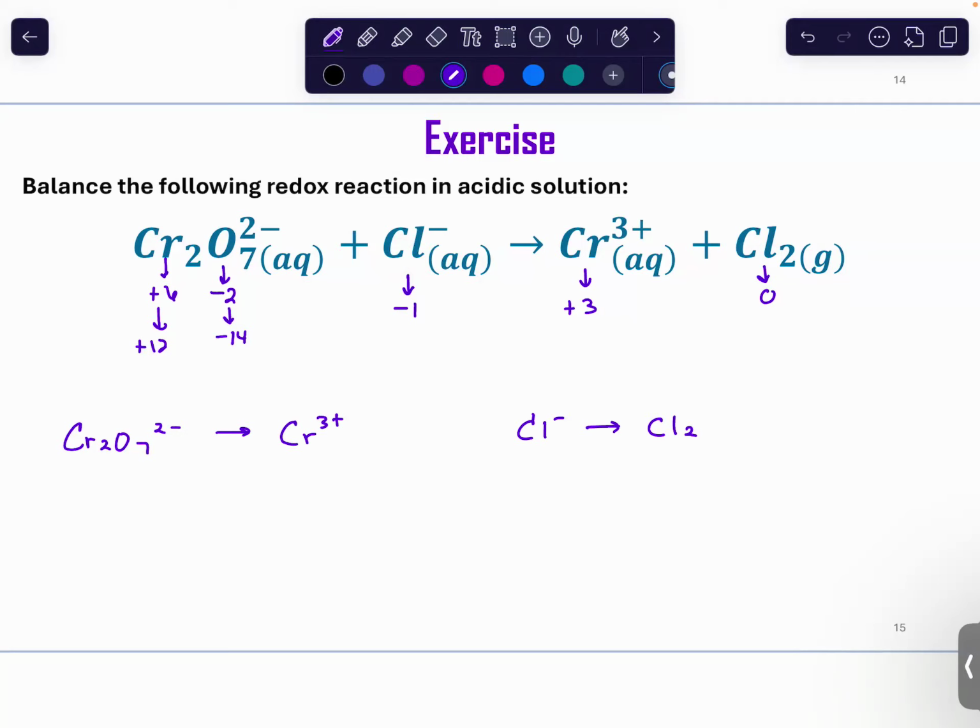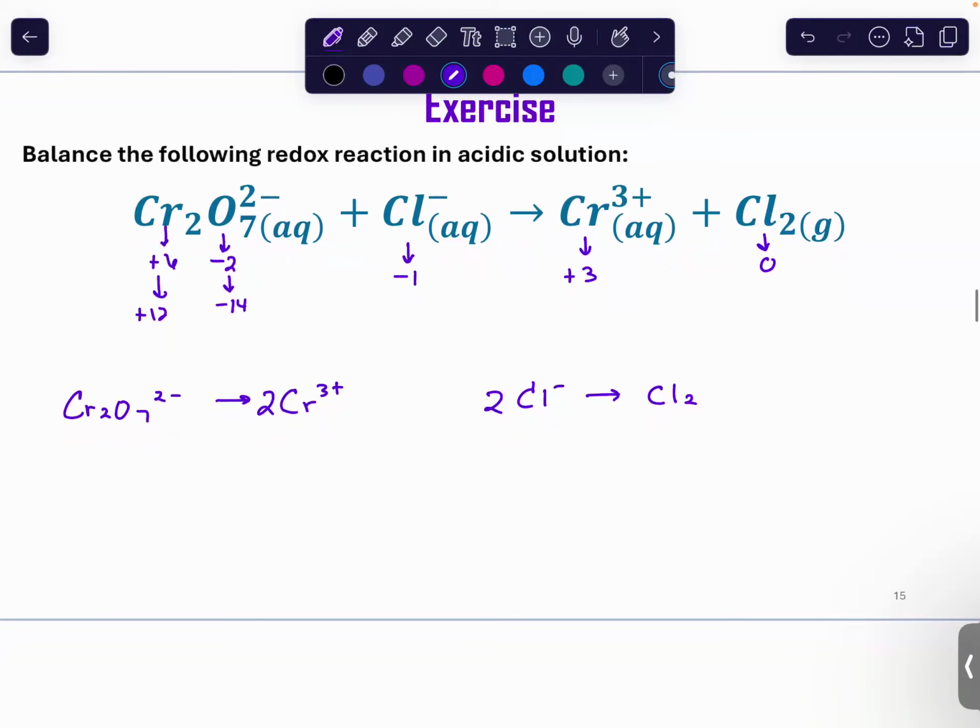Okay, so let's make sure all of the atoms are balanced other than oxygen and hydrogen. So I need a 2 there and a 2 there. You see that? 2 chlorines, 2 chlorines, 2 chromiums, 2 chromiums. Okay, now let's balance the oxygens with water.